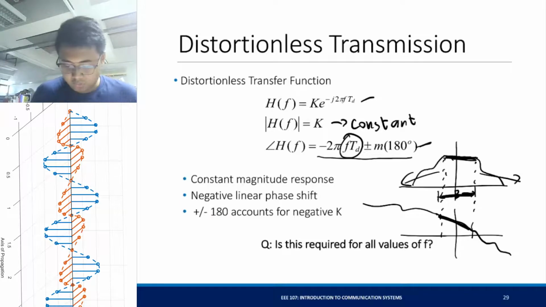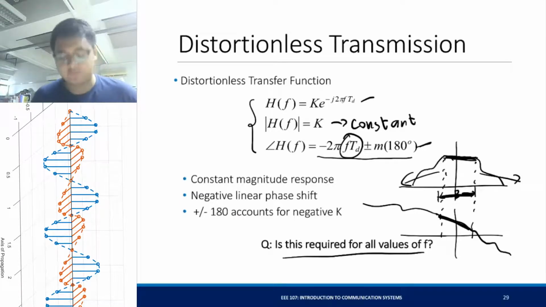Okay? So basically, for distortionless transmission, it's not required that this is satisfied for all values of f. So you can just contain it in a certain bandwidth, okay, and you just disregard the other frequency bands. Okay? And that's how distortionless transmission works.